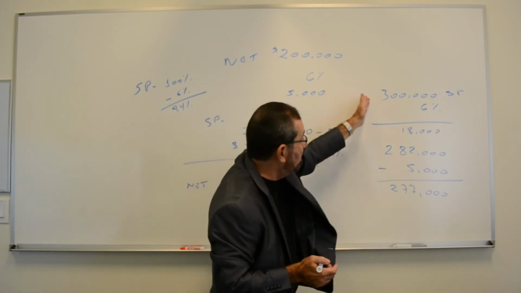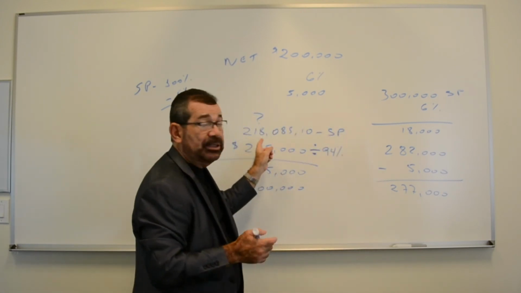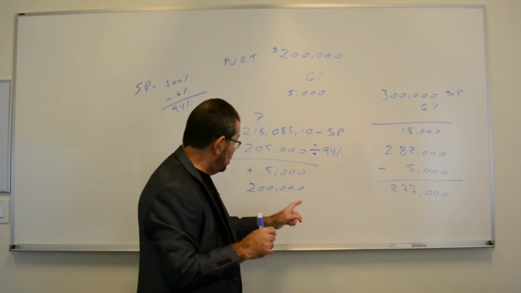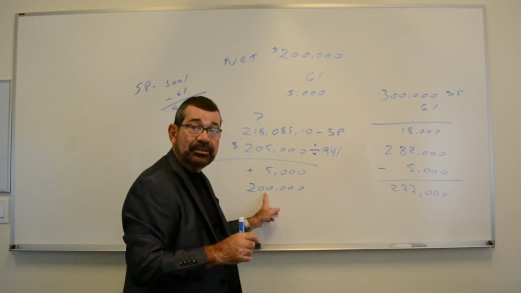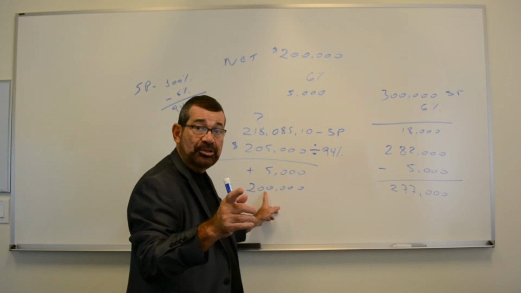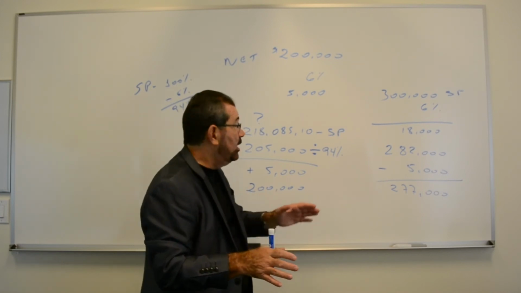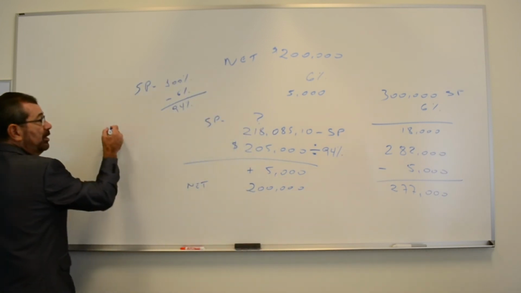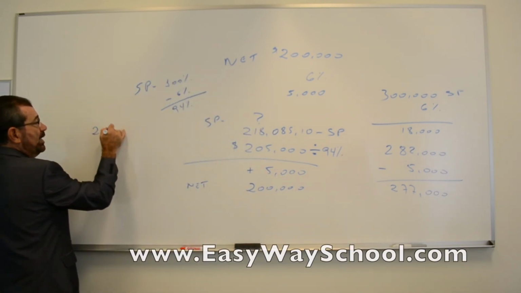So we take the number that you found, and we do it in the right way to see if we get $200,000. That's the best way to do it, because then you make sure that the number you found is the correct number.